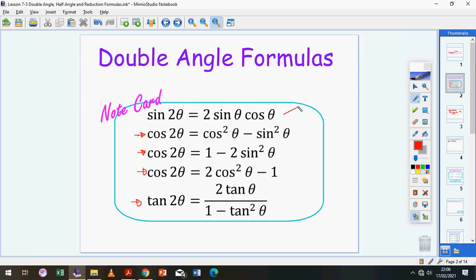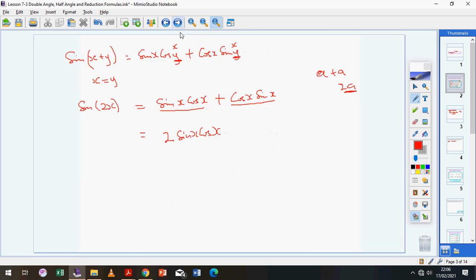That's why the double angle basically means that the angle is doubled. So the angle is twice, and the expression is 2 sine x cosine x. One interesting thing that you're going to notice about these double angle formulas is that operations can be done on the angle. What I mean is, if I multiply the angle by 2 here, then I have to multiply the angle by 2 on the other side, and the expression will remain consistent.